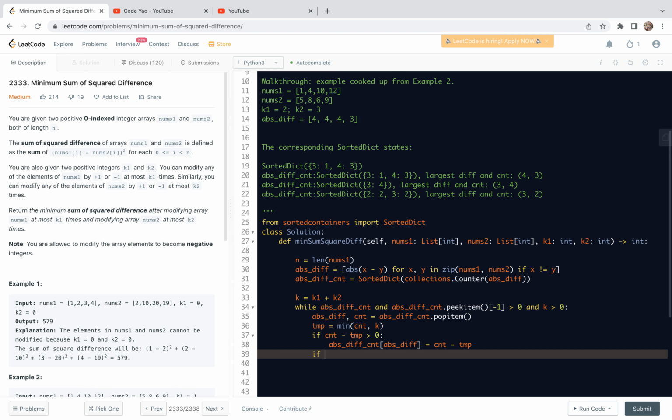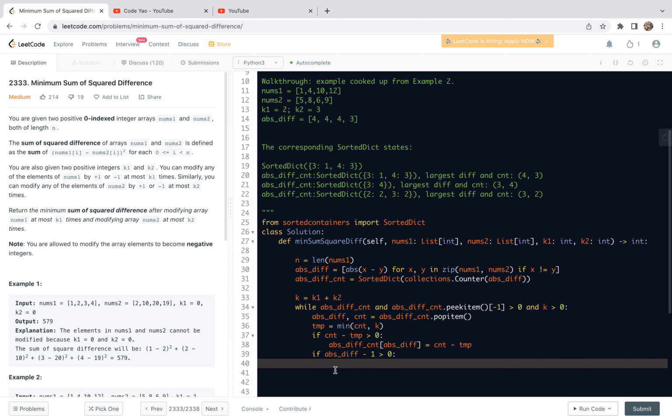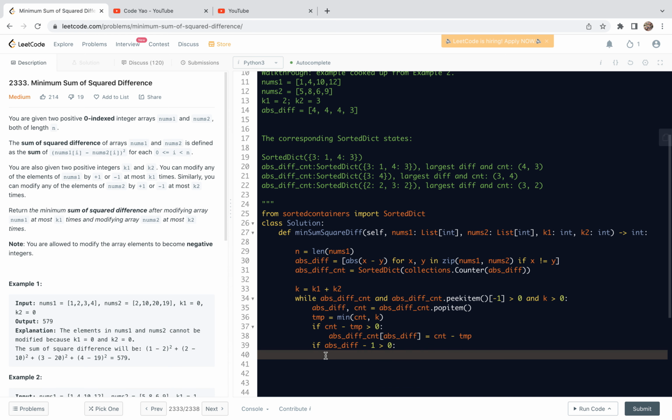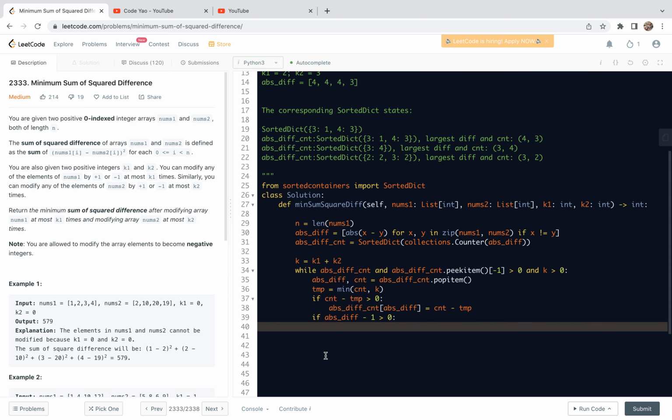So next one is that we produced this new gap, that is the absolute difference minus 1. So if it were 0, we are basically achieving optimal state. If it's greater than 0, we should update the frequency for this gap. So for this, we're going to reset abs_diff_count[abs_diff minus 1].